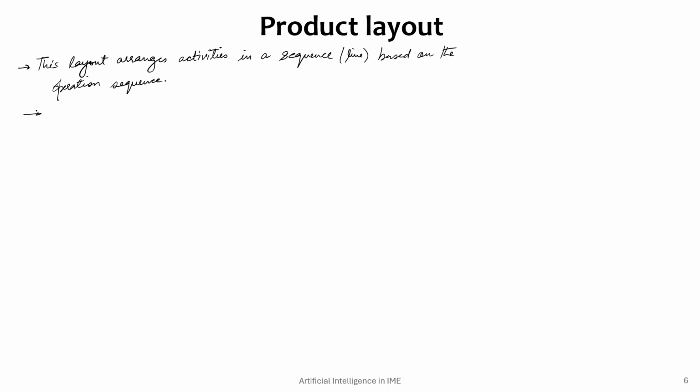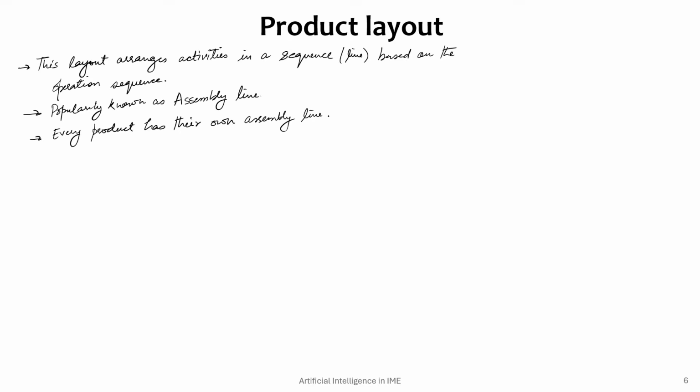So this is also popularly known as assembly line. So what happens in these kinds of layouts is that every product has its own assembly line, right? And work flows in a fixed order.